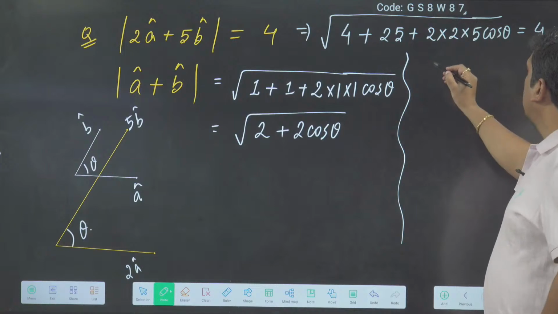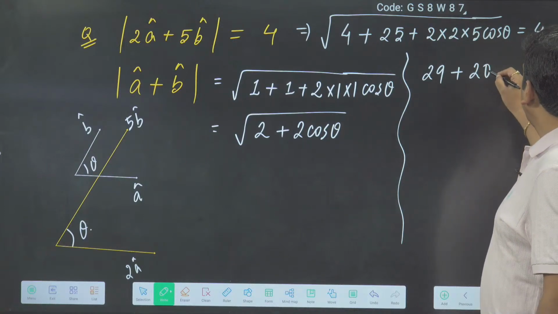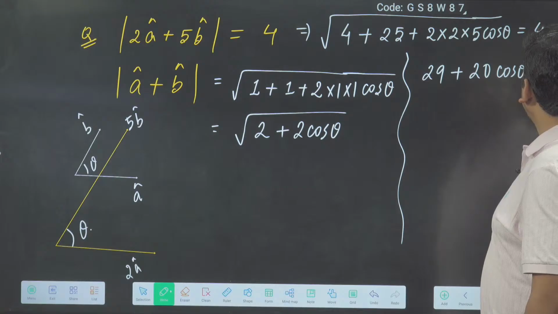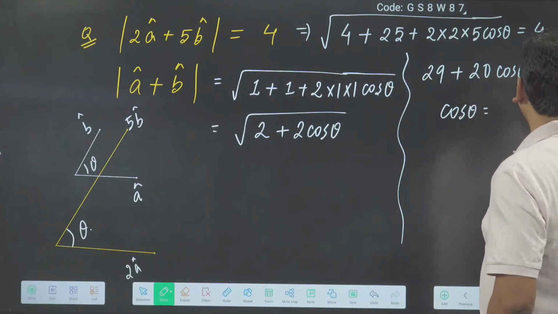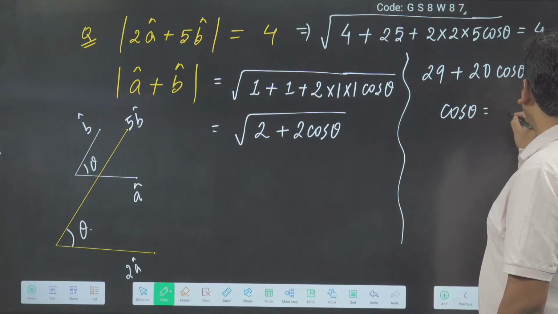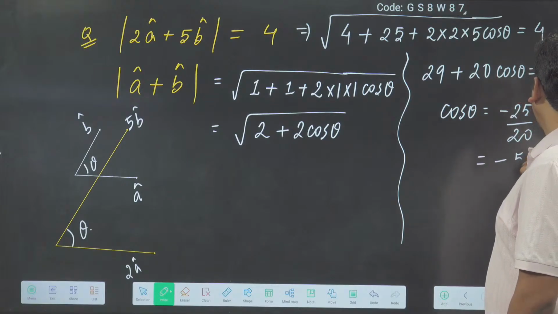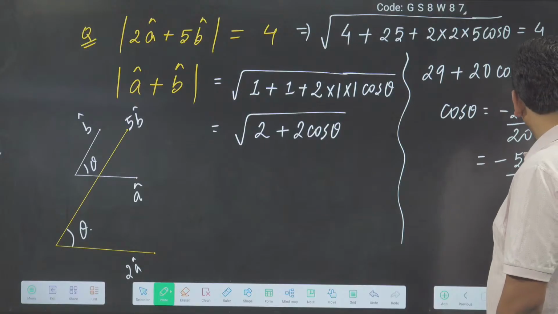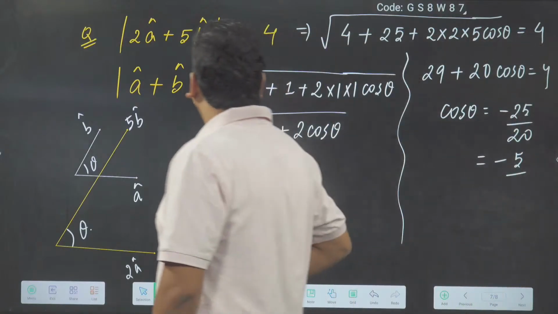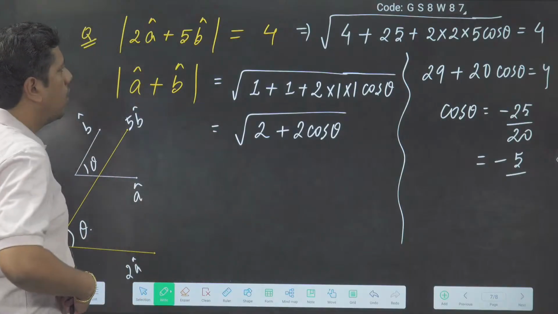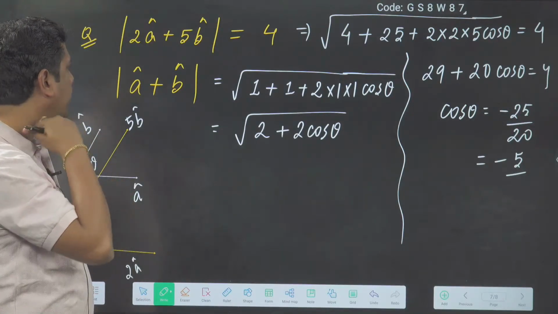If you square it, 29 plus 20 cos theta is 4. So cos theta we are getting minus 25 by 20, which is minus, that means the data we have. Are we doing any mistake? Can you check and tell me?